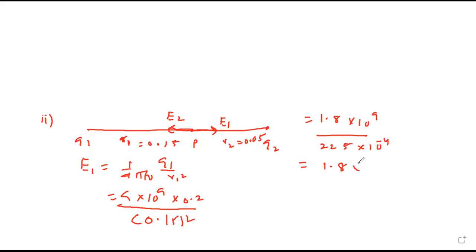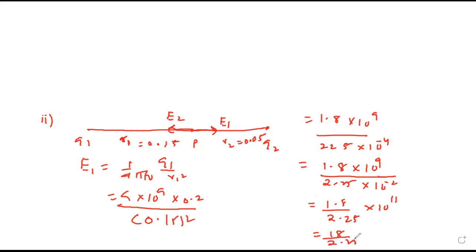This is 1.8 into 10 raised to 9 upon 15 square, 225 into 10 raised to minus 4. Therefore 1.8 into 10 raised to 9 upon 2.25 into 10 raised to minus 2. So 1.8 upon 2.25 into 10 raised to 11, that is 18 upon 2.25 into 10 raised to 10.